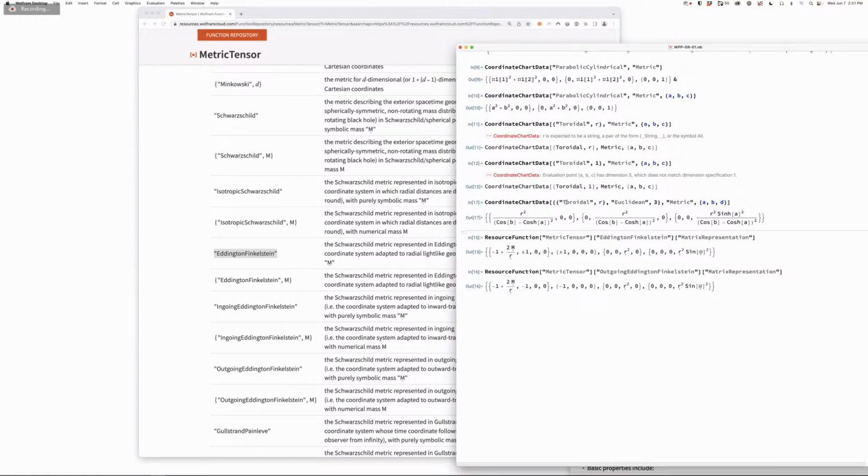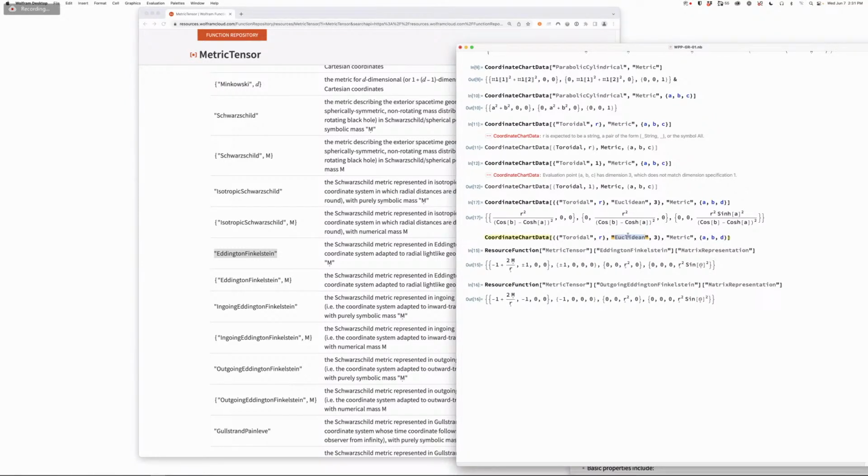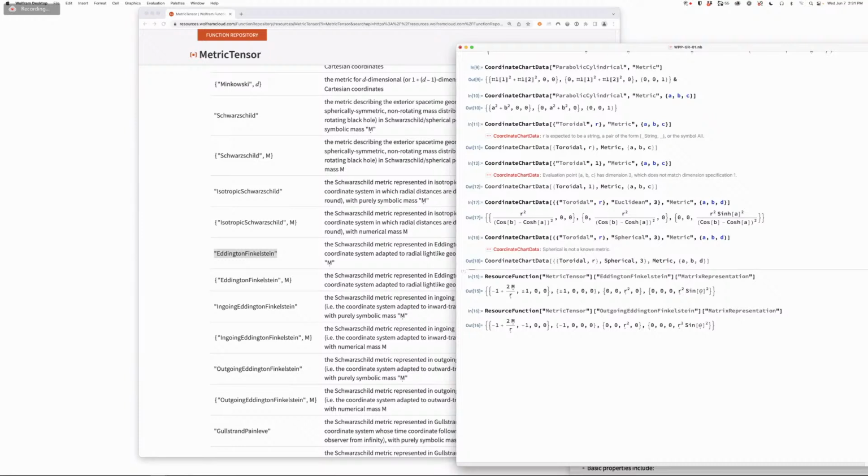In the coordinate chart data case, we support coordinates for the sphere and for flat Euclidean space in any dimension. In relativity, the coordinates and the space, the metric and the space, are mixed, so it's a bit less clean in the general relativity case.